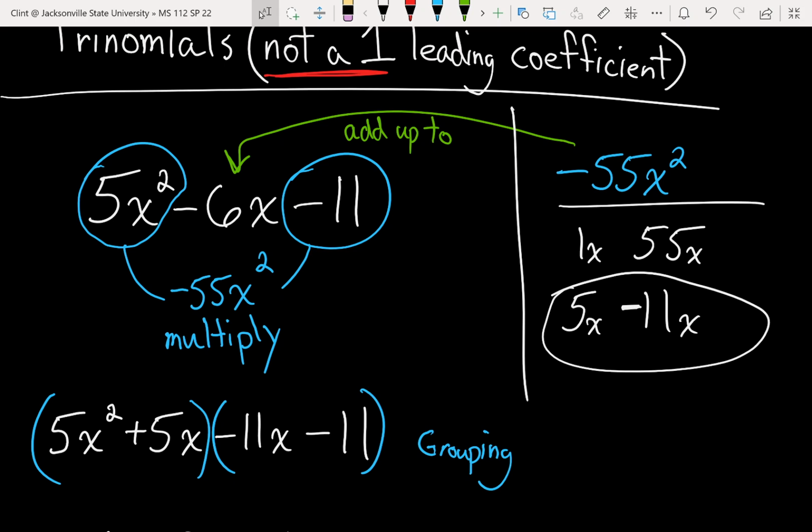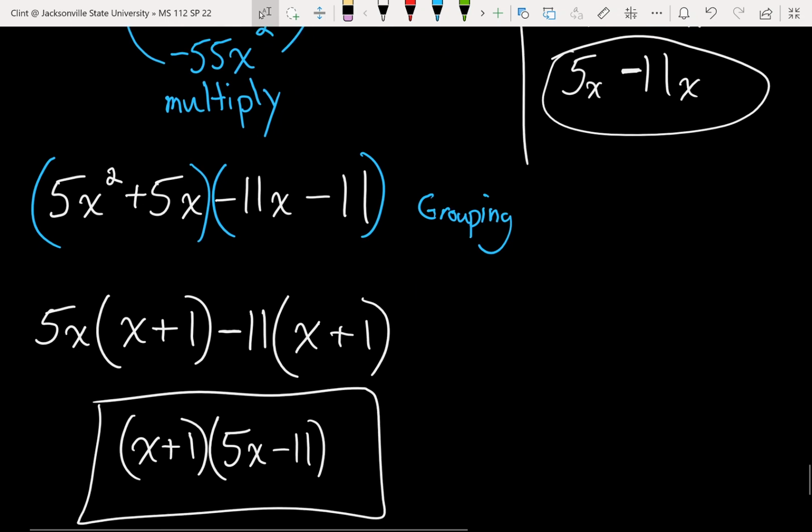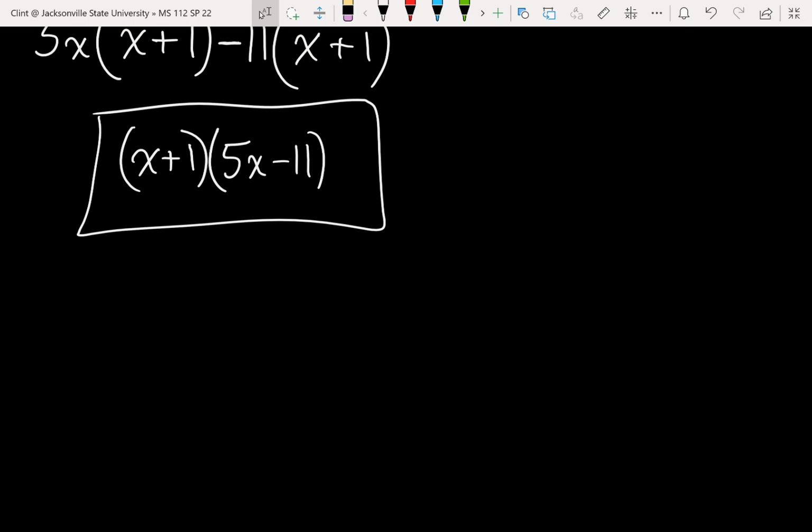My last terms have to be factors of 11. And when I check it, when I do the FOIL method, I've got to get negative 6 in the middle. So then they would just say, okay, I need a 1 and a 5, I need a 1 and an 11, and then you mess around with the signs and switch the places of the numbers until you get one that works.